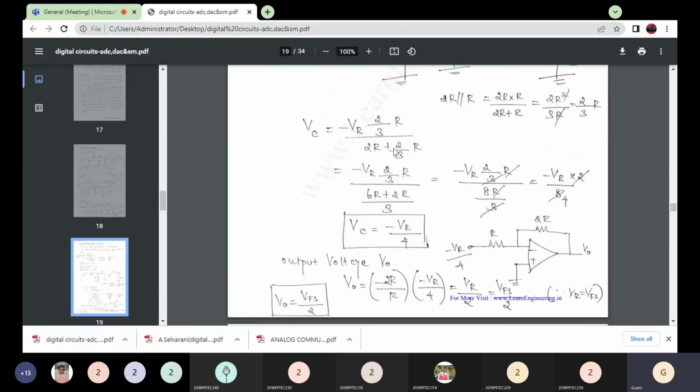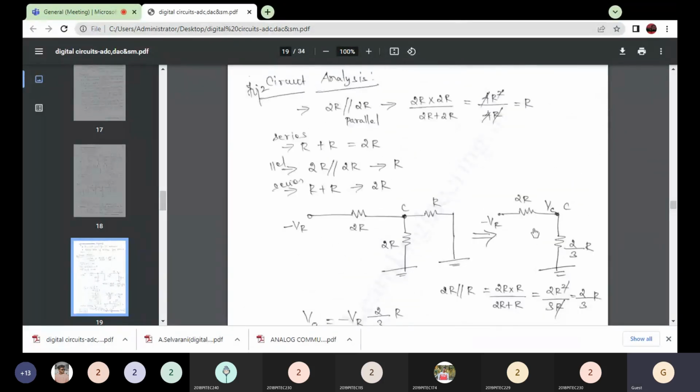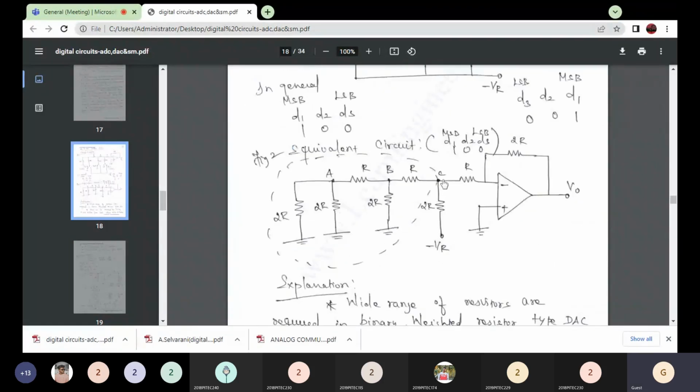We will get the voltage at that node C, that is VC equal to minus VR divided by 4. Okay, minus VR divided by 4. So now the final circuit diagram is, we are calculating the voltage at the node, right? So this is minus VR by 4, we derived, right?